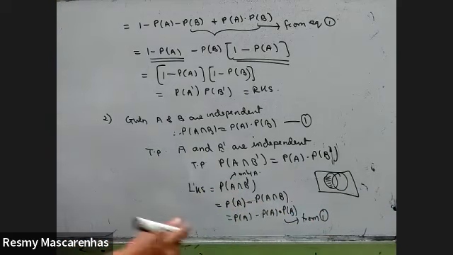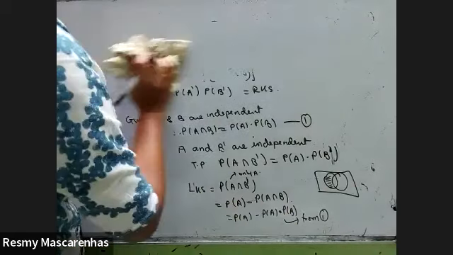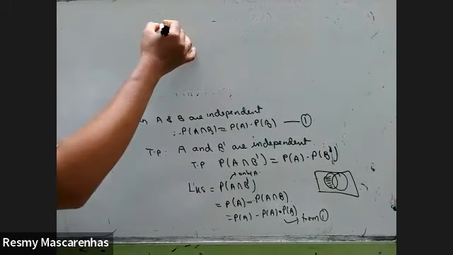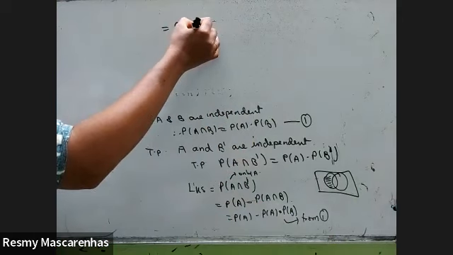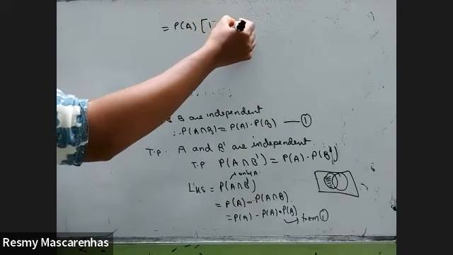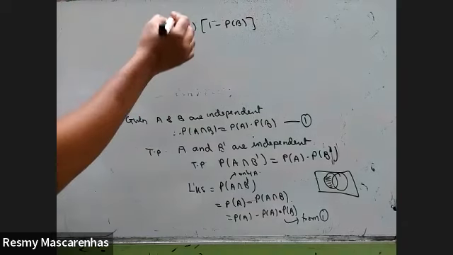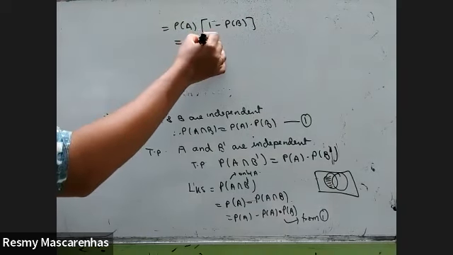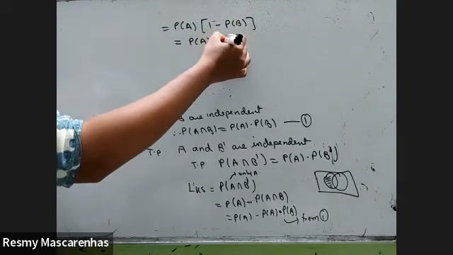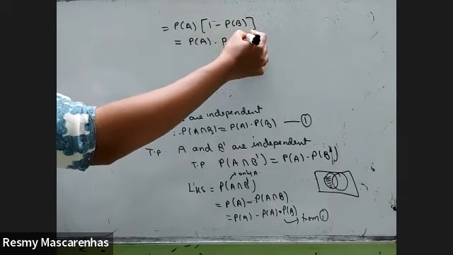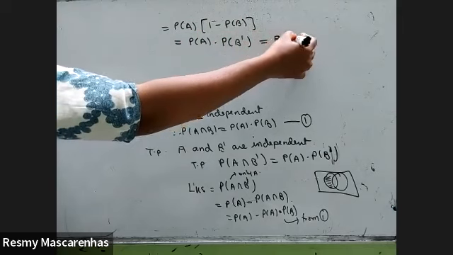Now take out P of A common. And 1 minus P of B is P of B dash. This is equal to the right hand side.